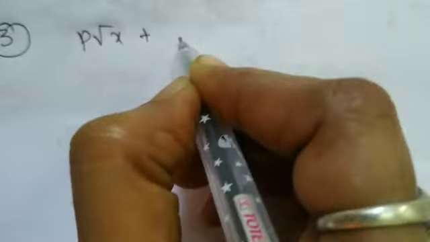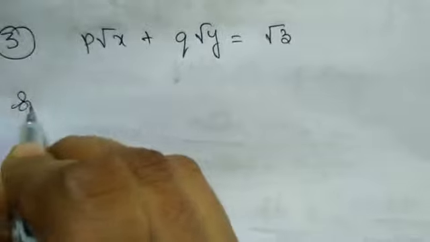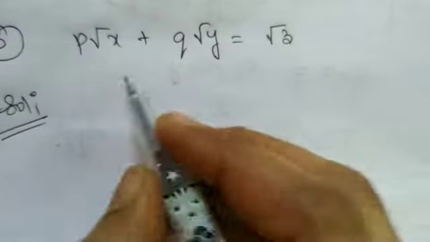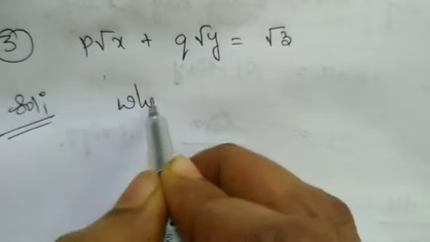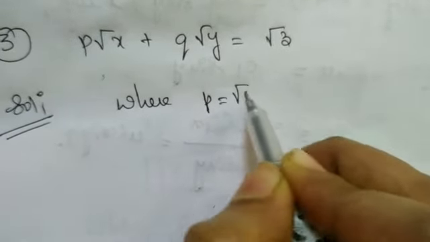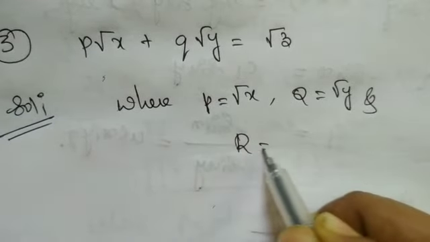Next problem: p root x plus q root y equal to root z. This is also in the form of Pp plus Qq equal to R. Here P equal to root x, Q equal to root y and R equal to root z.